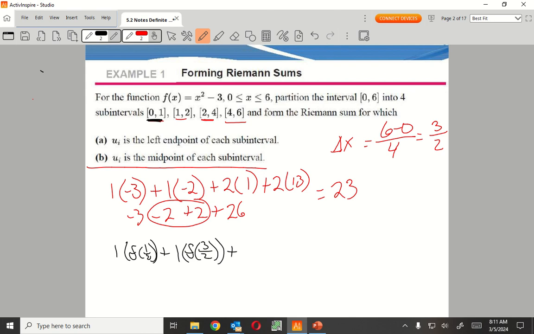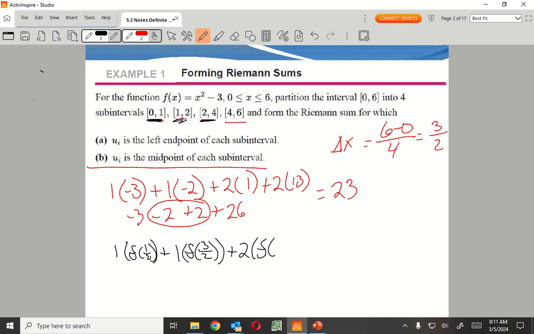Plus my next one. So I am over here now. My width is 2, times f of, what's halfway in between 2 and 4? It's 4 minus 2, right? 4 minus 2 is going to give me what?